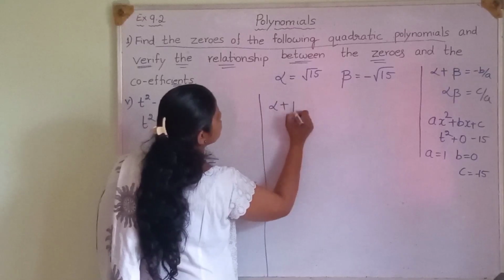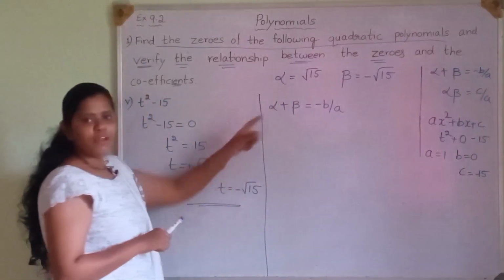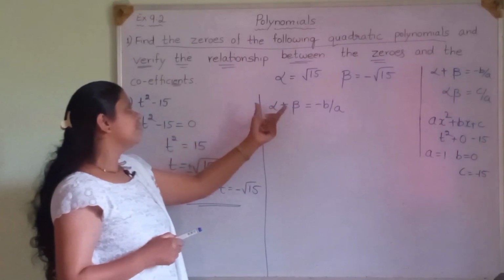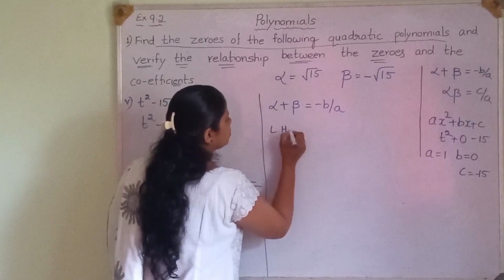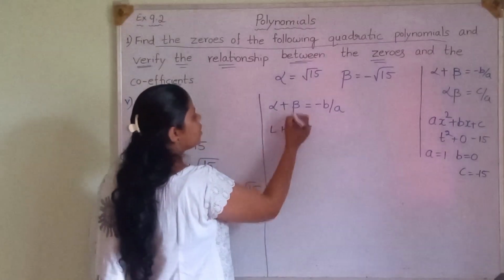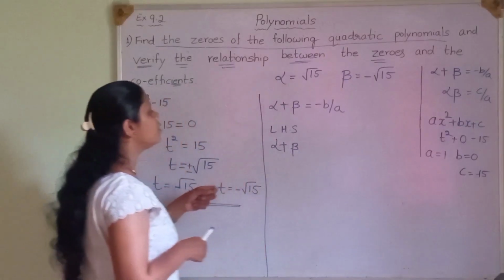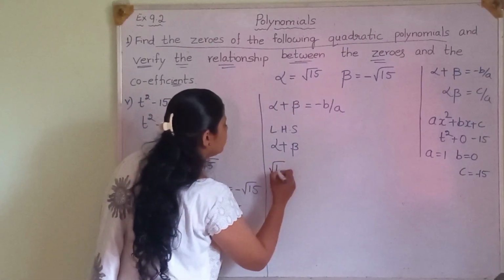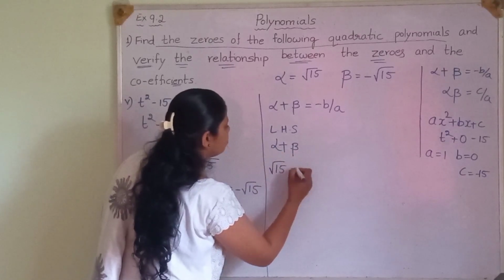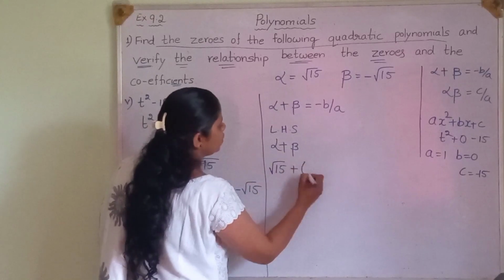Alpha plus beta is equal to minus b by a. To verify this, let us take LHS and RHS separately. What is our LHS? That is alpha plus beta. The value of alpha is root 15, plus beta is minus root 15.